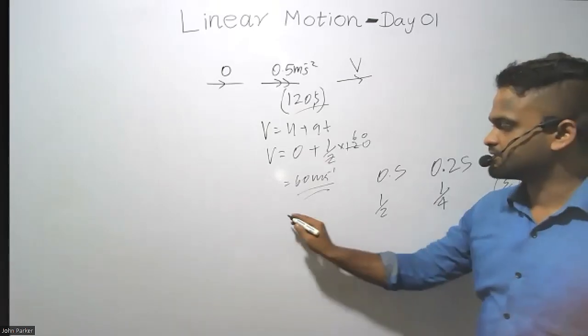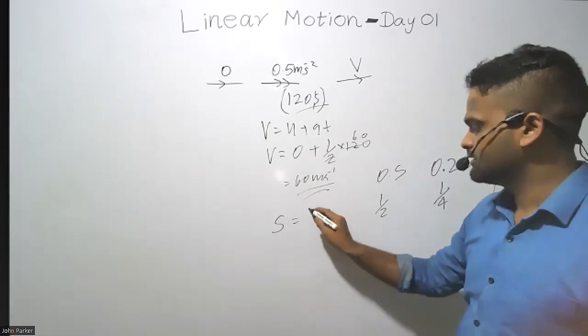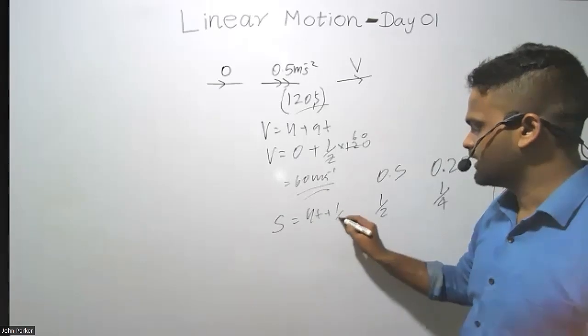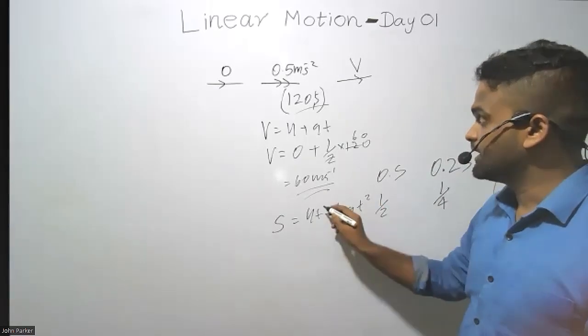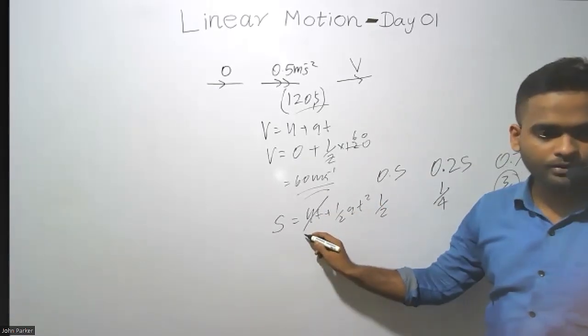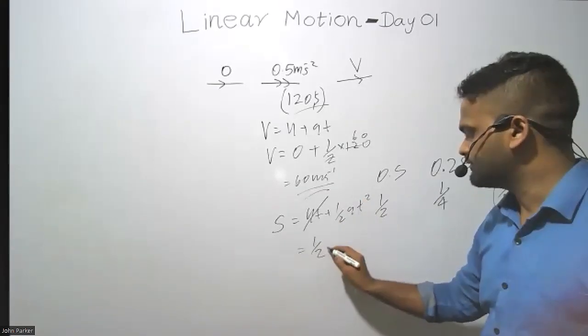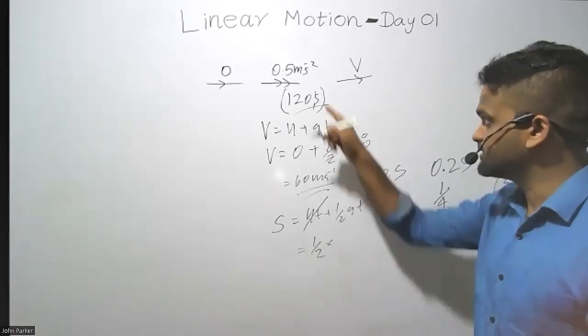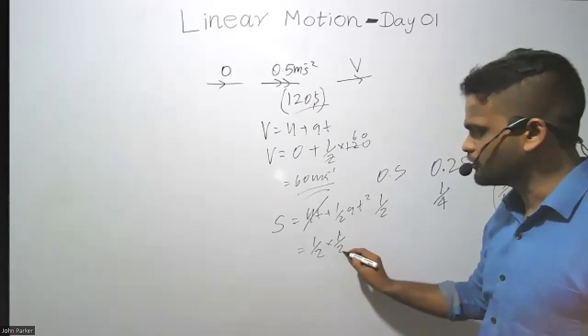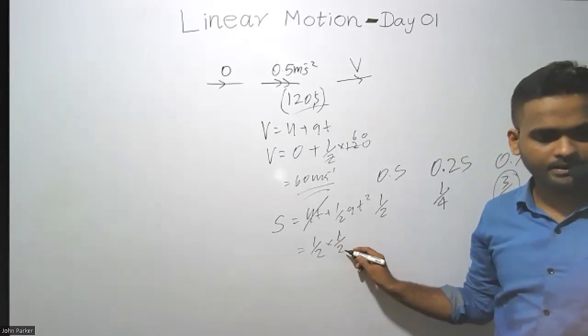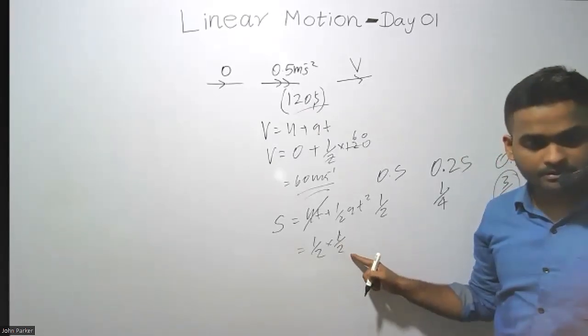Then the distance traveled: half at squared. Initial velocity is 0, so ut gets cancelled off. Half acceleration is 0.5. I'll put 1 over 2 instead of that. These are simple ones, right?